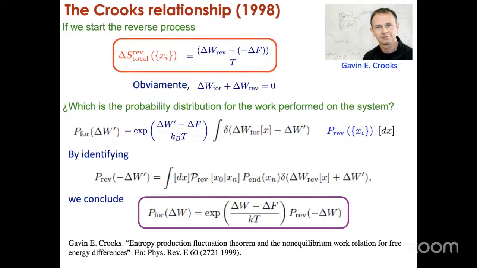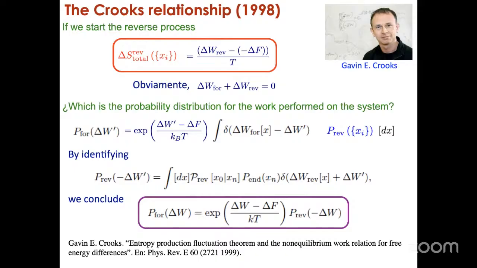What you obtain is this one: the probability to perform some work on the forward protocol equals the probability to perform minus that work on the reverse protocol times that exponential. That is the Crooks relationship.